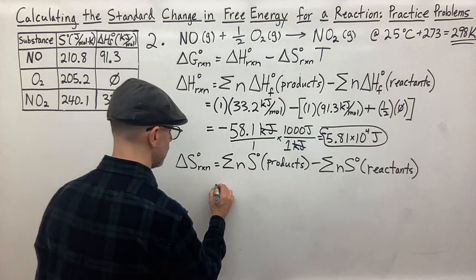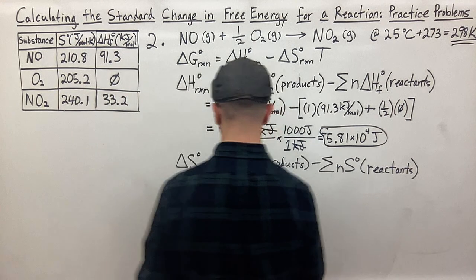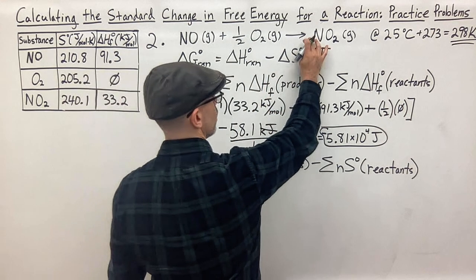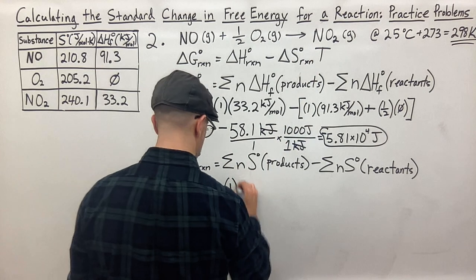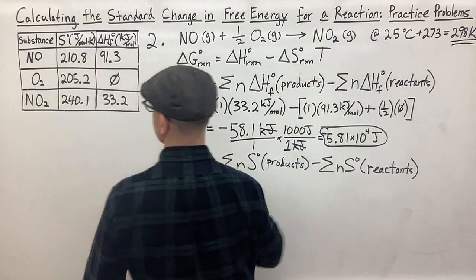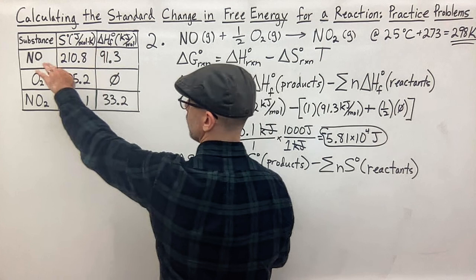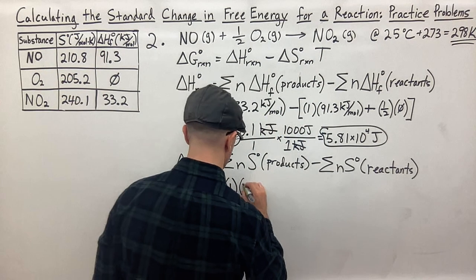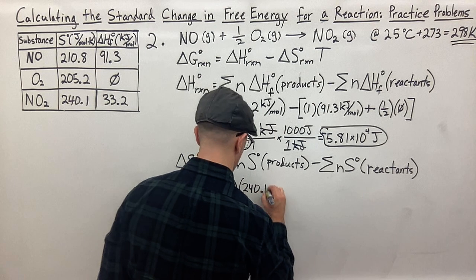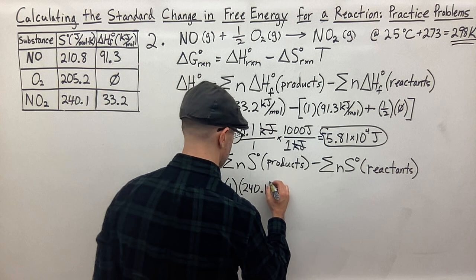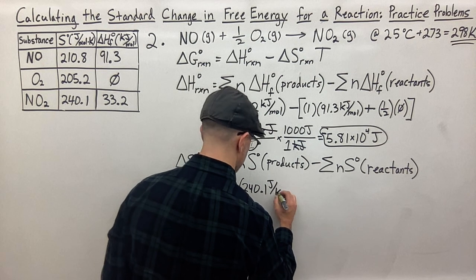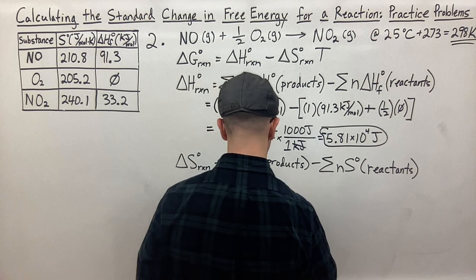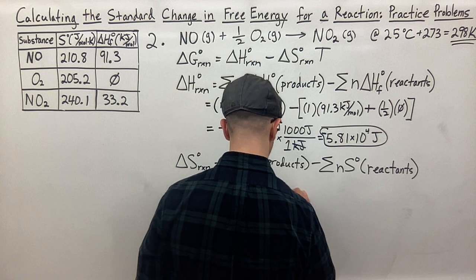So again, using our tabulated information here, we're going to use our equation. Products first. So we have 1 here. So 1 times the entropy of NO2, which is 240.1 joules per mole Kelvin.